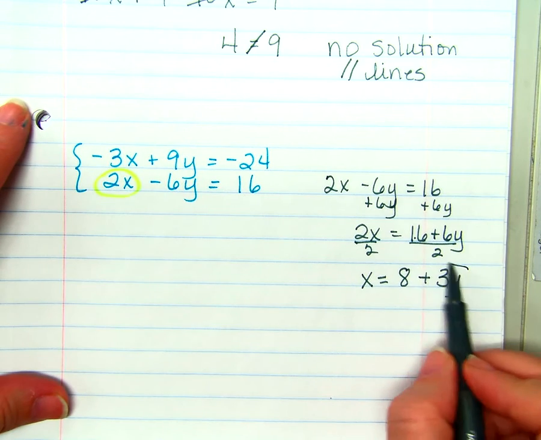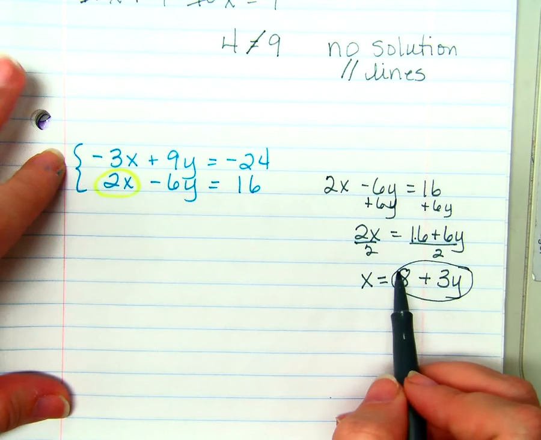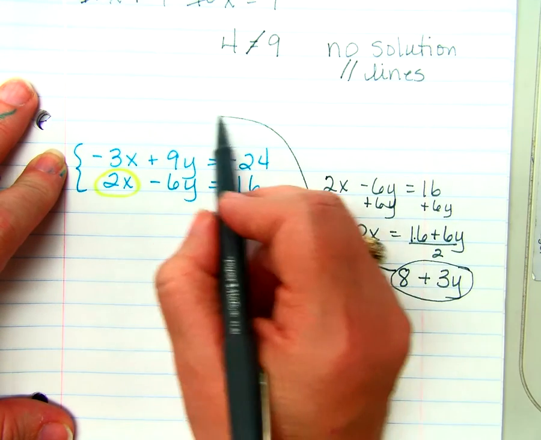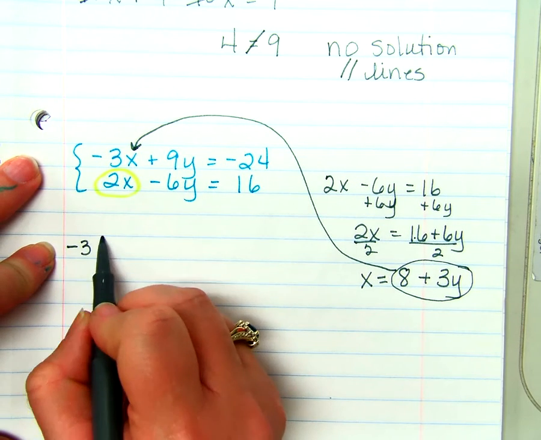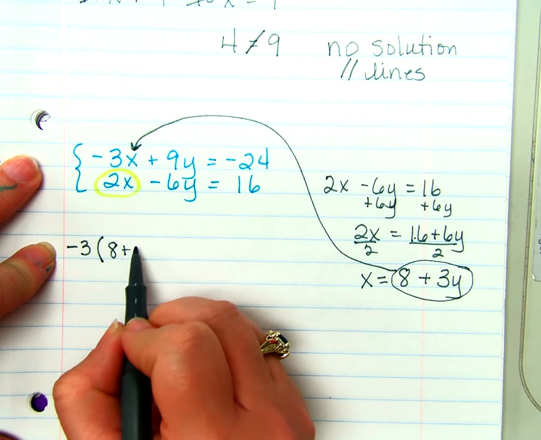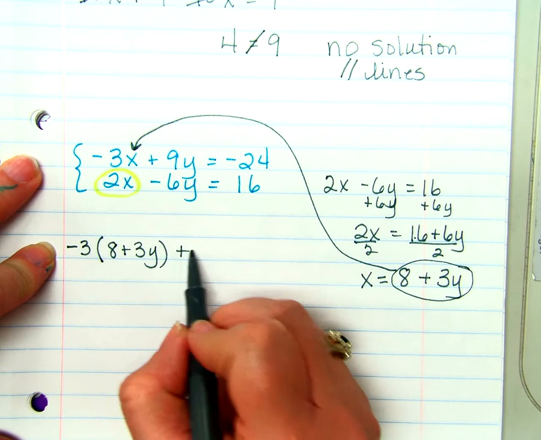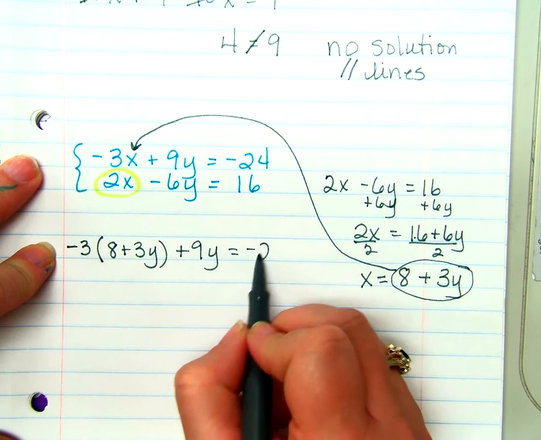Now I substitute. Anywhere there's an x in the other equation, which in this case is the first one, right? I have to put in what I know for x. So I have negative 3 times 8 plus 3y plus 9y equals negative 24.